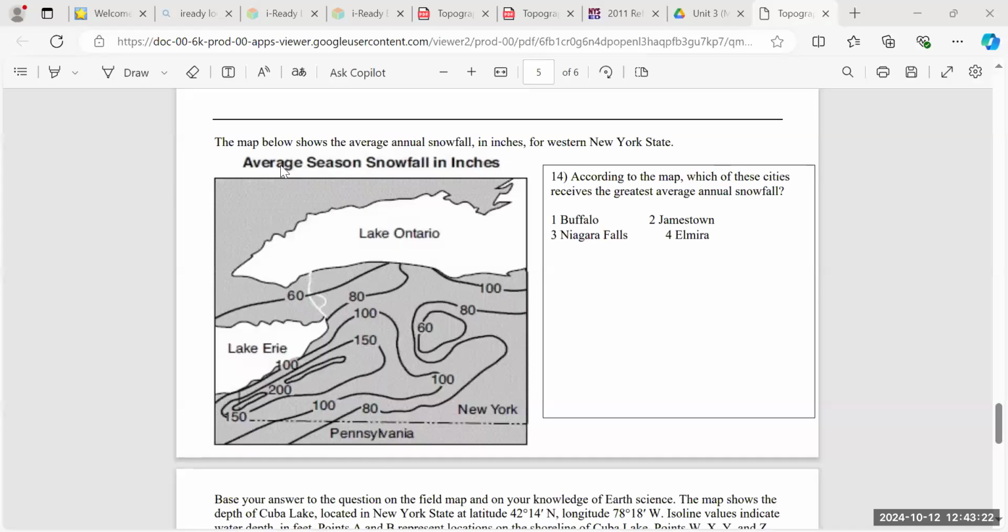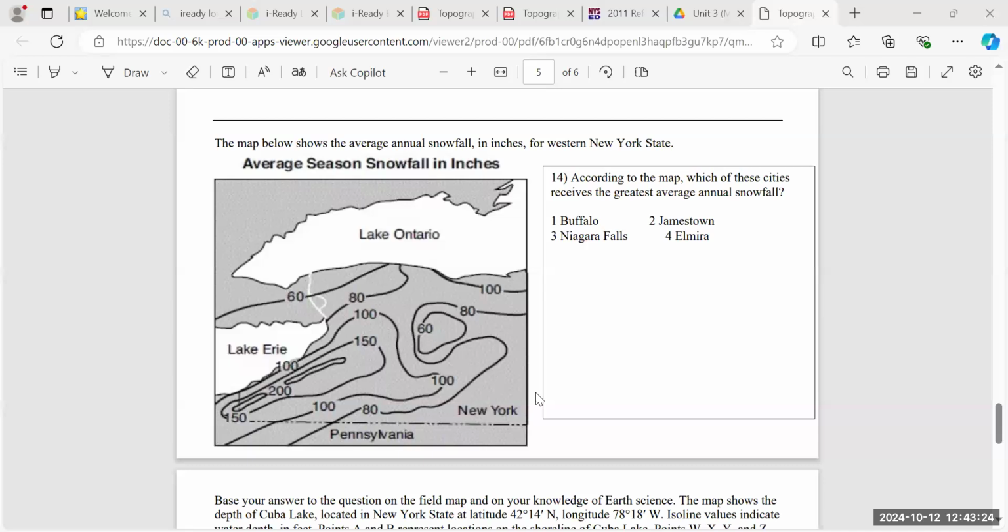All right, everybody. So we're going to take a look at number 14. Number 14 states, the map below shows the average annual snowfall in inches for Western New York State. According to the map, which of these cities receive the greatest average annual snowfall?